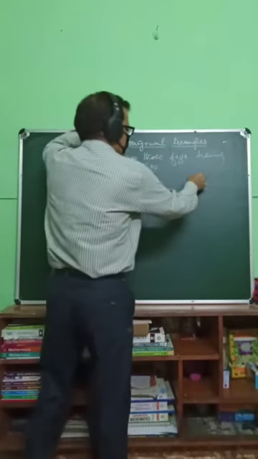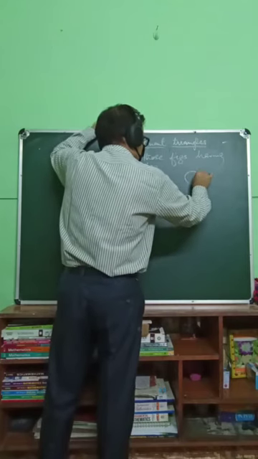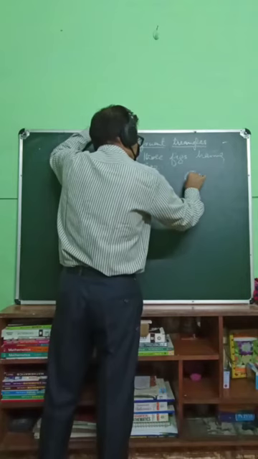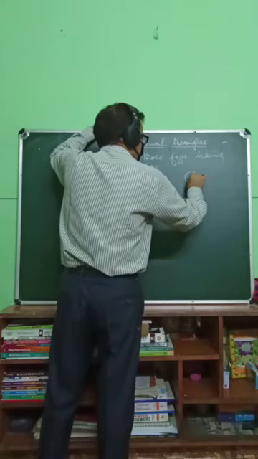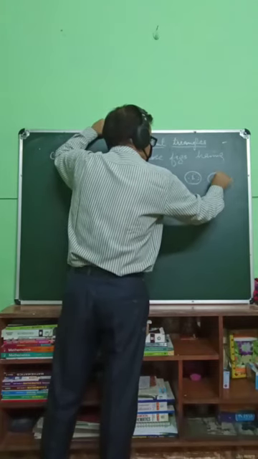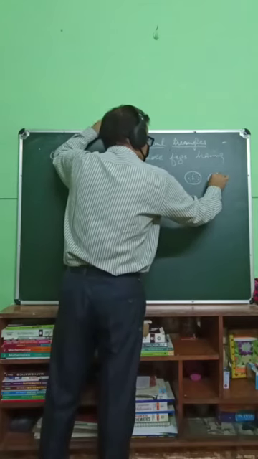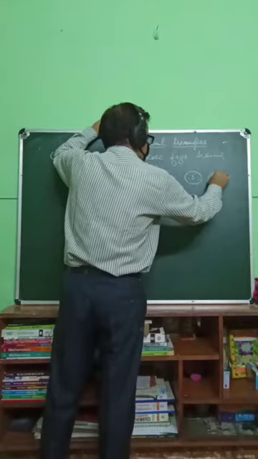For example, if I am having a 1 rupee coin, here is a 1 rupee coin, and another also a 1 rupee coin I am getting. Both are equal in shape and size. Their shape is same, their size is same. These are congruent figures.